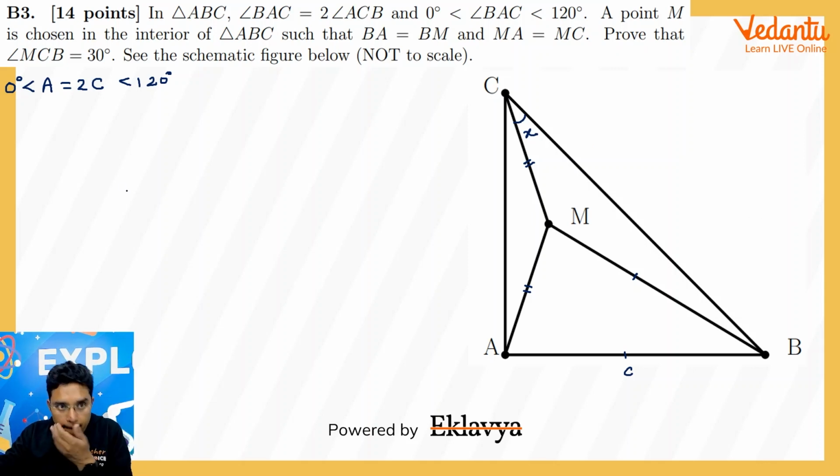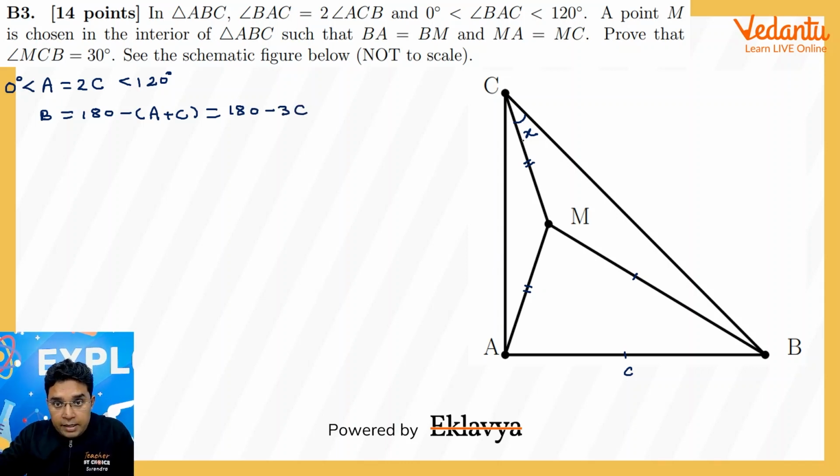So here, if A is equal to 2C, we can write all the angles in terms of C only. Like A is 2C, so B will be equal to 180 degrees minus (A plus C). That means it will be 180 minus 3C. Okay, so that is one thing.